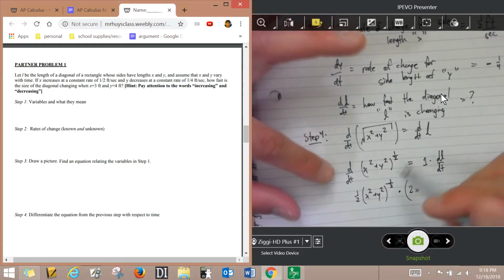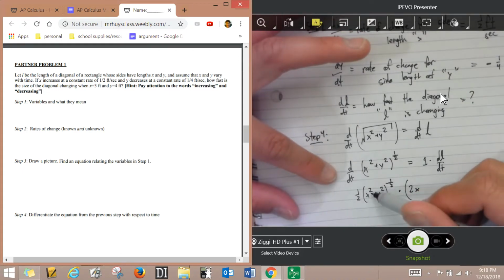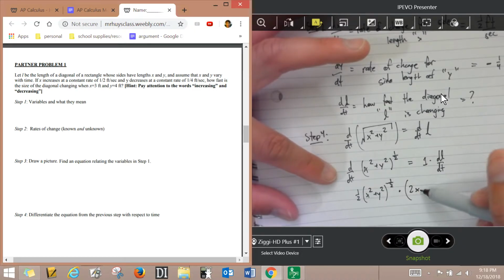But if you're taking the derivative of x squared, that's 2x, but since x is not explicitly a function that says anything about t, you have to have some insurance and say we're also taking the derivative of x with respect to t.